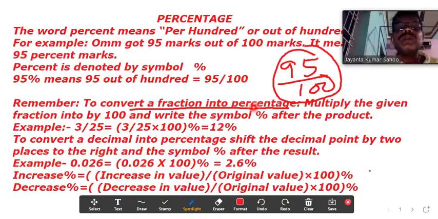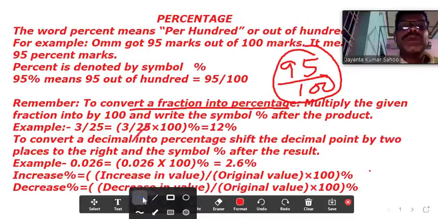Example, look here. Suppose 3 by 25 is a fraction, and to convert it into a percentage we multiply it by 100 and put the percentage symbol. So we can cut: 25 1s are 25, 25 4s are 100, then 4 3s are 12. So we got 12%.